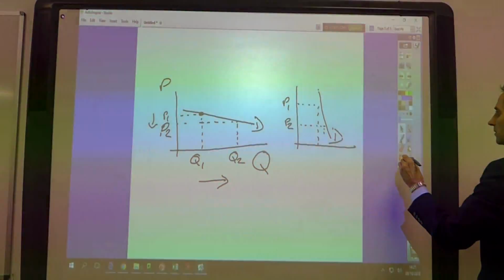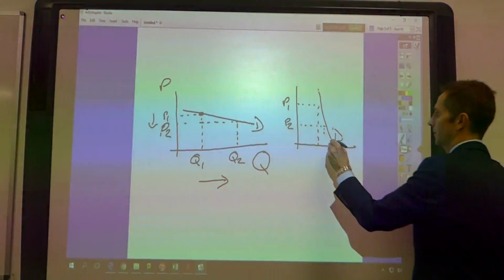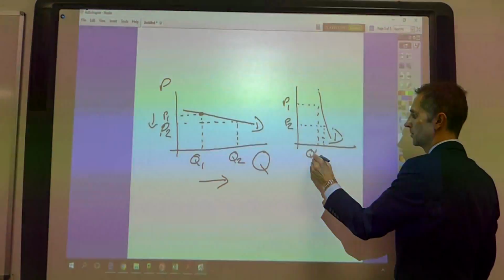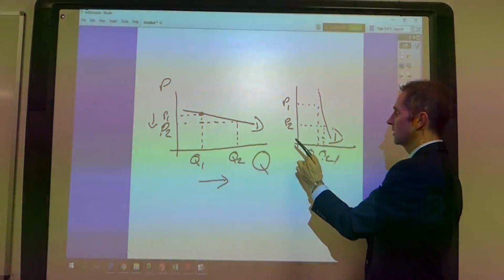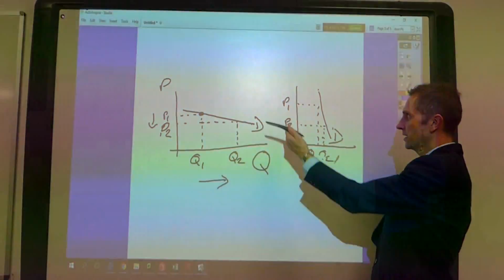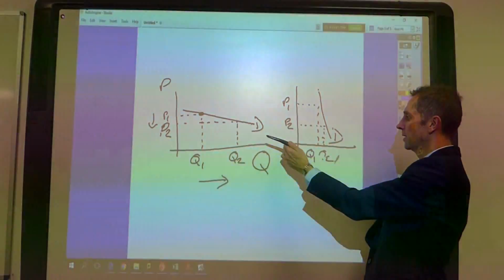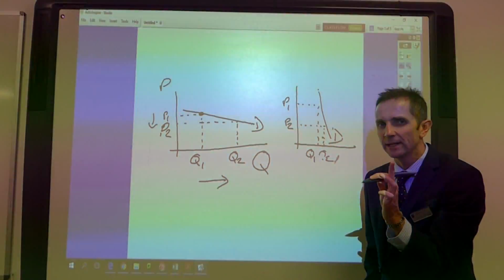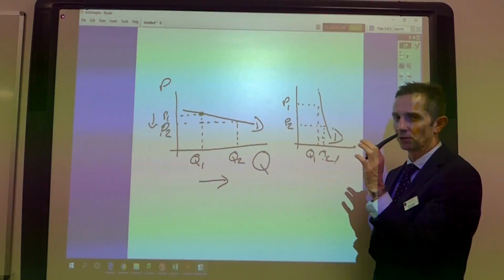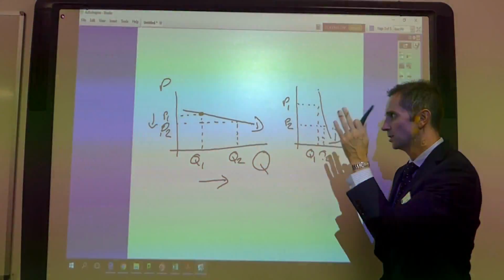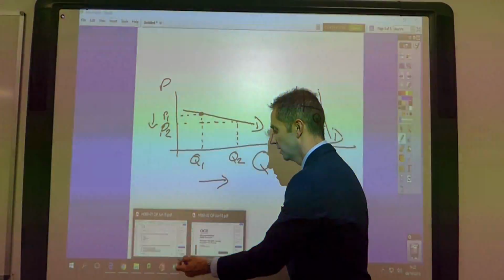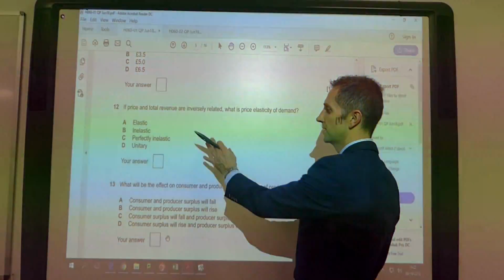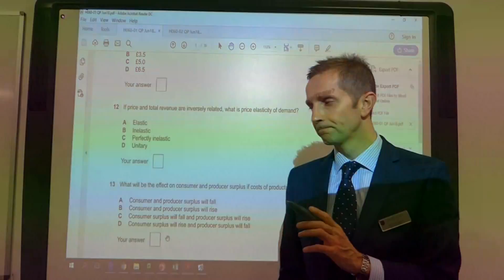Let's see if we can just sort this out. P1 and Q1, Q2. Right, so P1 times Q1 is our initial revenue. If price falls to P2, then output goes up, but only a little bit. It only goes up to Q2, and so total revenue falls. So price falls, total revenue falls. Hence, ladies and gents, the answer here is 12A.